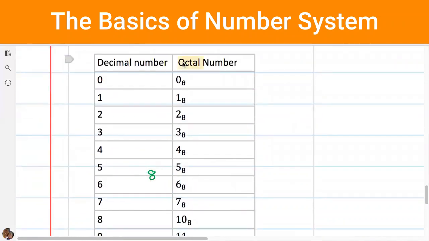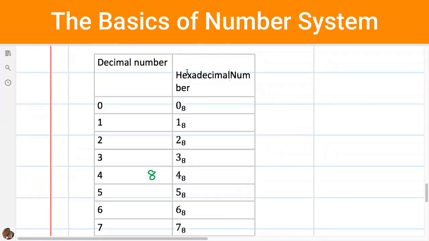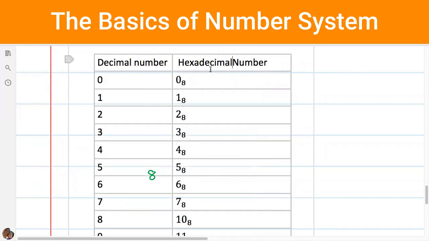Instead of creating a new column, let's just change this to hexadecimal number. For a hexadecimal number, it is base 16.